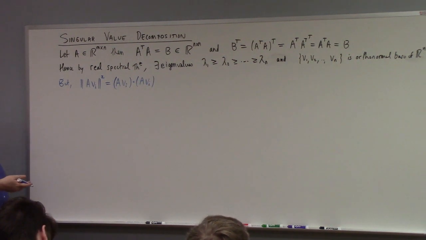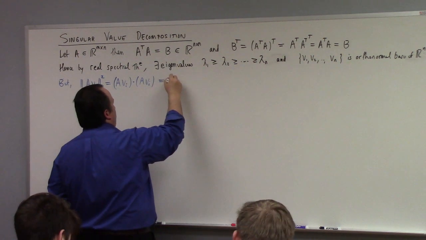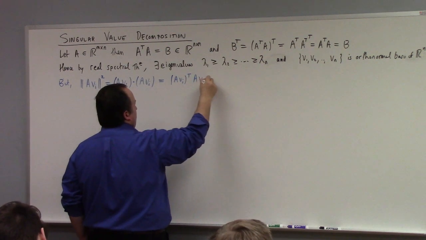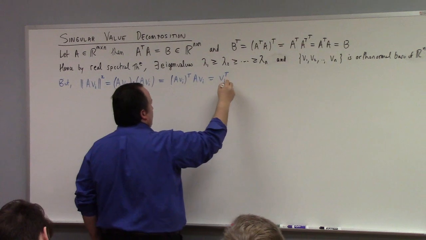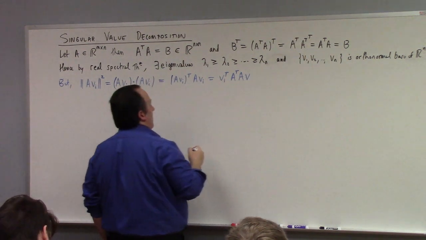If we write that as a matrix product, remember the dot product is the transpose, so we've got (A vi) transpose times A vi, which is vi transpose A transpose A times vi.